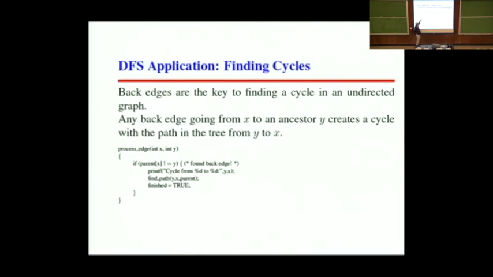And if so, then the cycle is going to be, I need to find the path that lies between y and x, and this edge plus that path is what defines the cycle. Any questions about it? So finding a cycle in a graph is a way to do this here. Any questions about it?